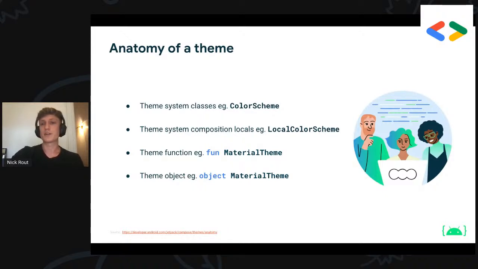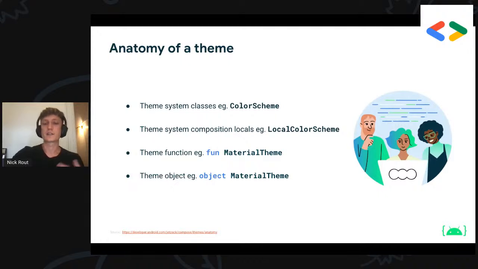We've then got composition locals that are used to provide these systems to all parts of your composed work. In our case, an example would be local color scheme. We then have a theme function, which wraps all of this together. The theme function then uses composition local provider to provide something like the color scheme.